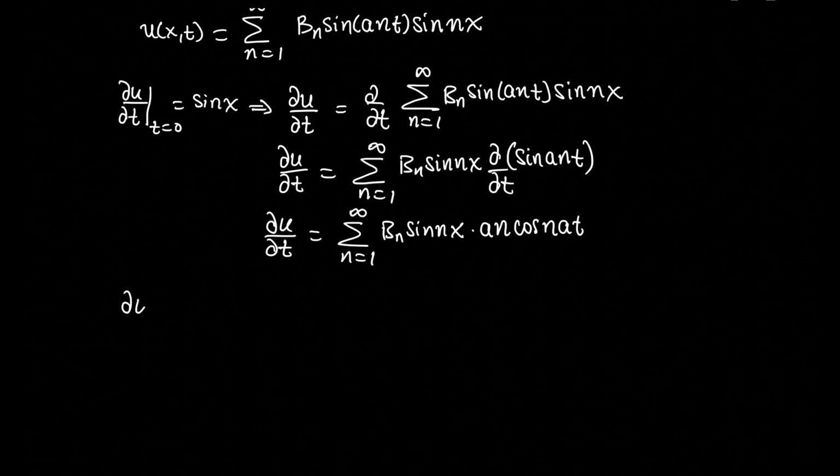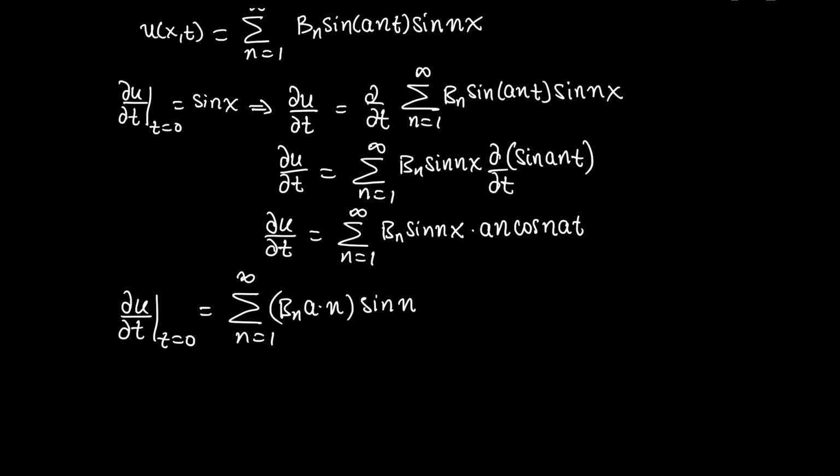Remember that du/dt when t equals 0 is equal to the summation of bn times a times n, with t equal to 0, cos of 0 is 1, and you have sine nx, which has to be equal to sine x, the initial condition.